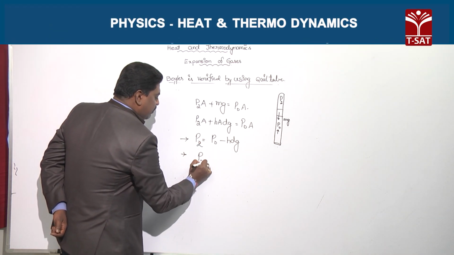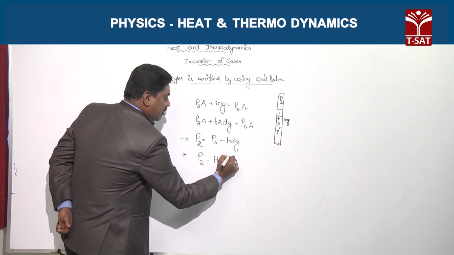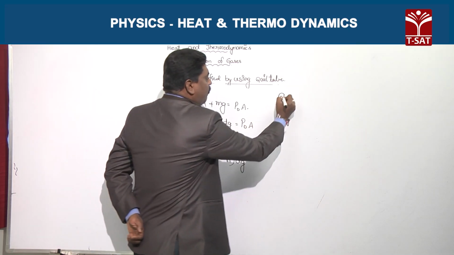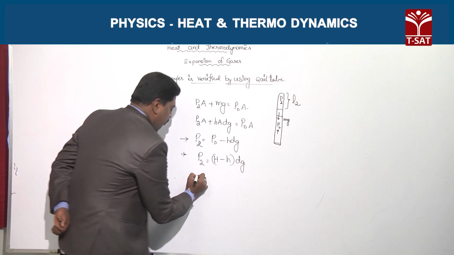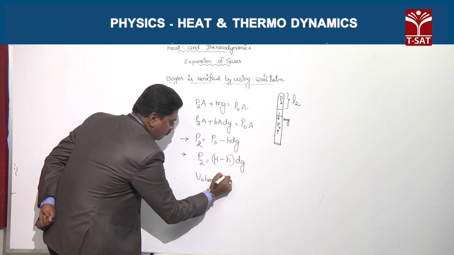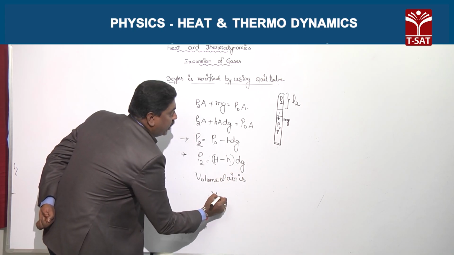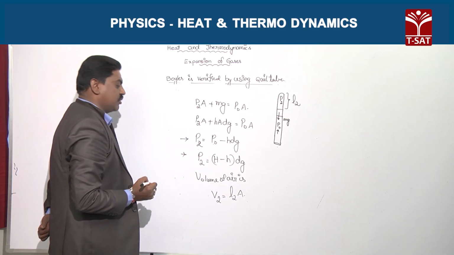Now P2 is given as H minus h into dg. Let the length of the air trapped be L2. Then the volume of air is V2 equal to length L2 into area of cross section.